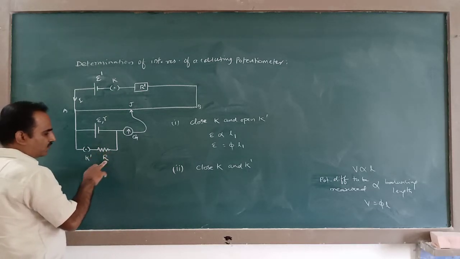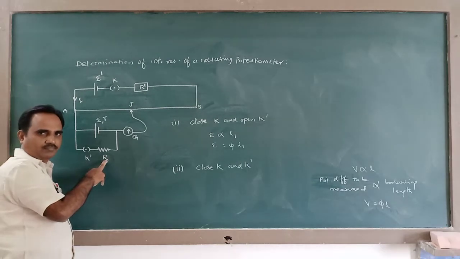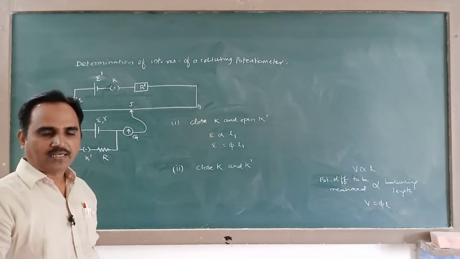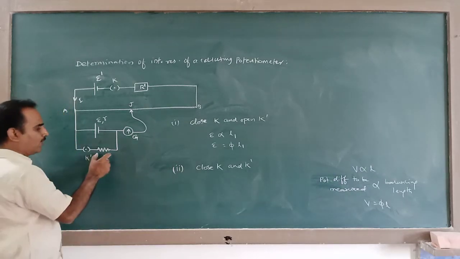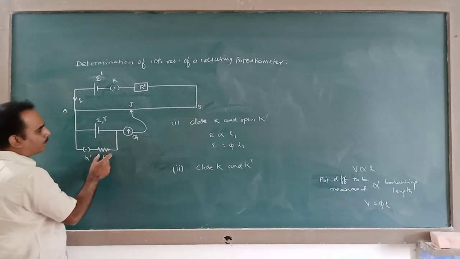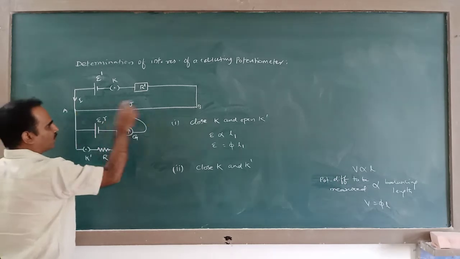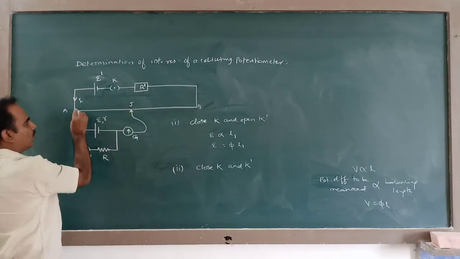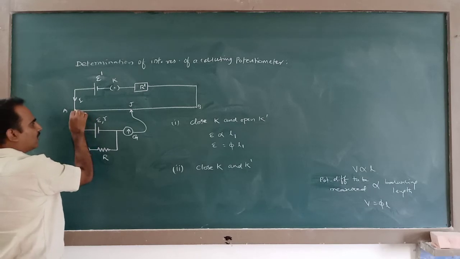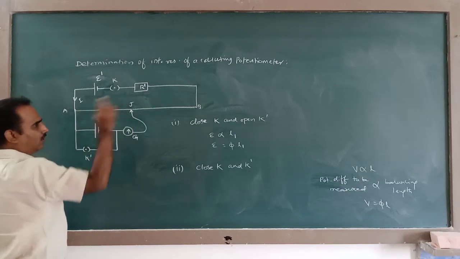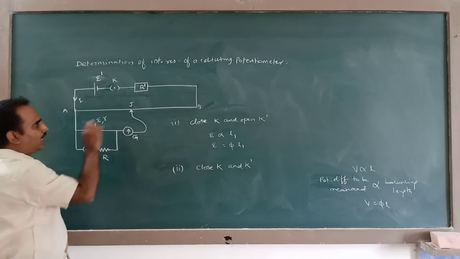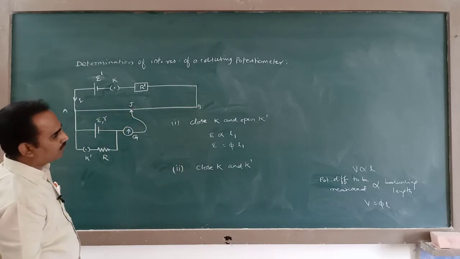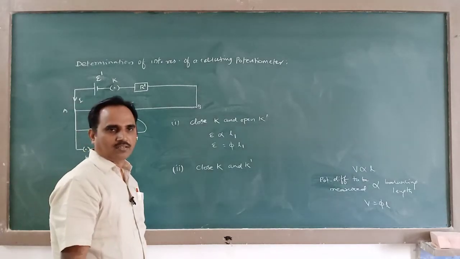You keep a very small resistance, 0.1 ohm or 1 ohm like that. And you check the circuit for opposite deflection at end A and B. Now you go on moving this sliding contact on the wire from end A towards end B. At some point you will get the balancing point, and you note down the corresponding balancing length.